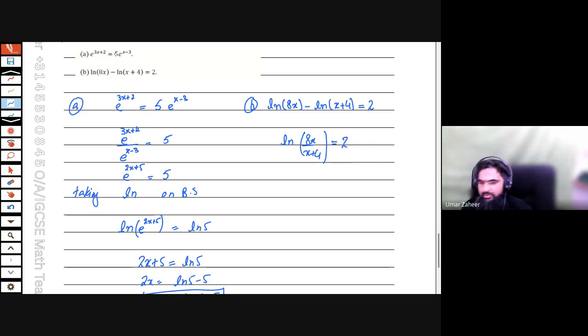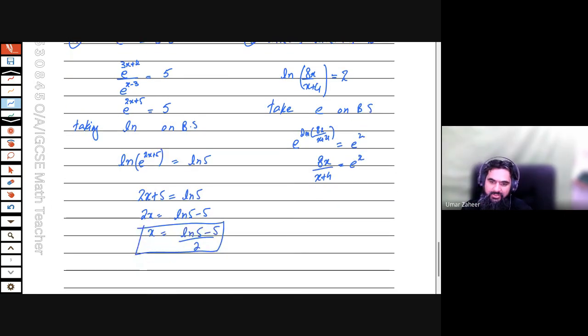Now it is in a single log. So now I'm just going to be taking the exponential on both sides. So everything goes into the power, okay? e power 2. So natural log and exponential will cancel out. You will get 8x divided by x plus 4 is equal to e power 2.